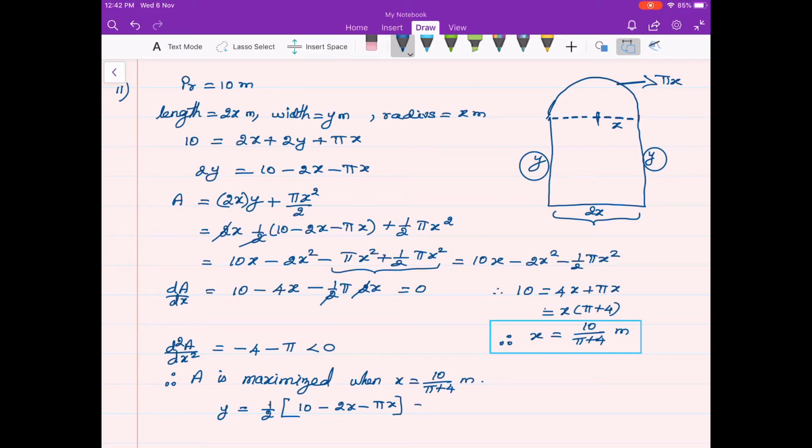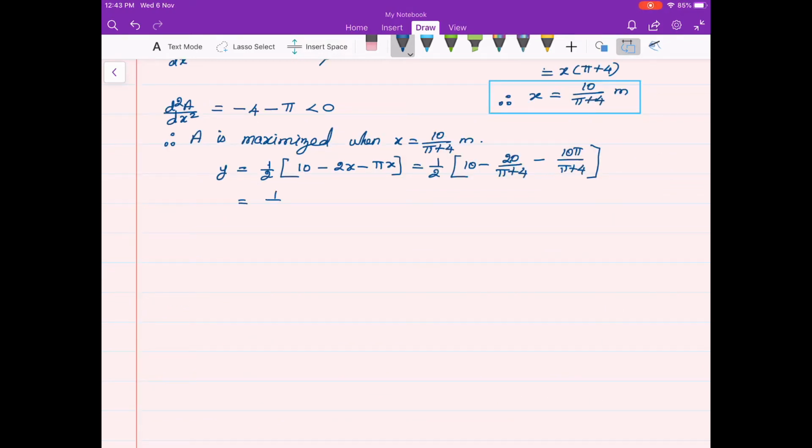Let us substitute. 20 divided by π plus 4 minus πx. So, 10π divided by π plus 4, half into LCM is π plus 4.